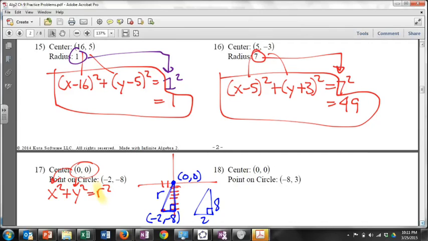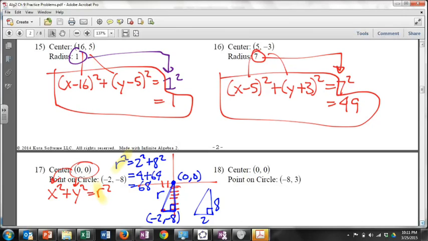I'm going to say c squared is equal to 2 squared plus 8 squared, or actually let me use the variable r. r is the radius of the circle, which is also the hypotenuse, which we typically call c. So r squared is equal to 4 plus 64, which is equal to 68.